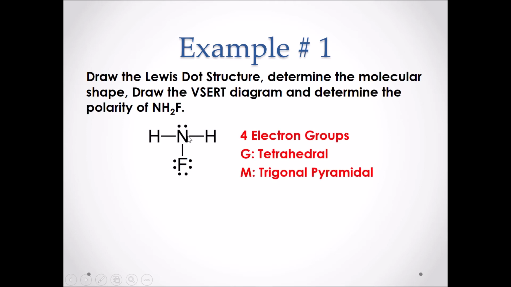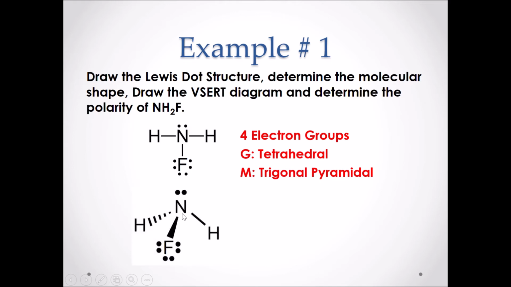We can then conclude that the central atom has 4 electron groups around it, here, here, here, and here. This makes a tetrahedral geometrical shape. But there is 1 set of lone pair electrons on the center atom. Therefore, that changes the molecular shape to trigonal pyramidal.